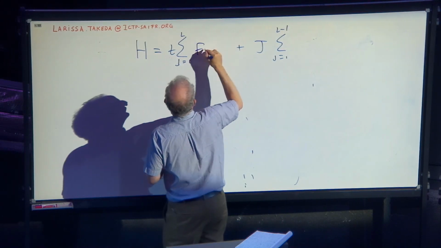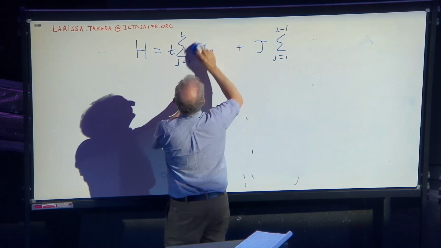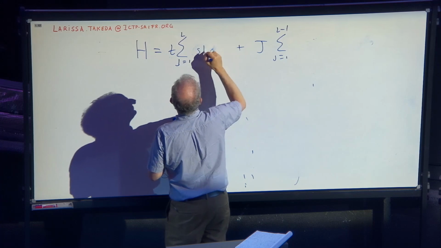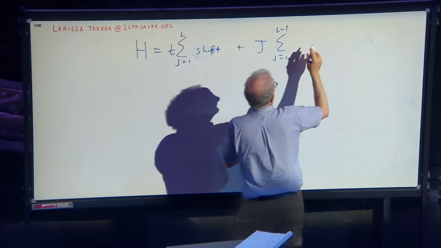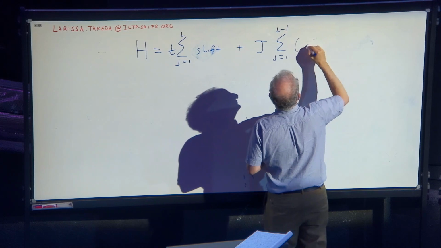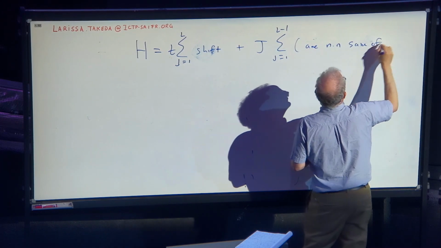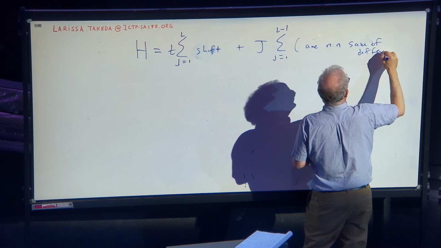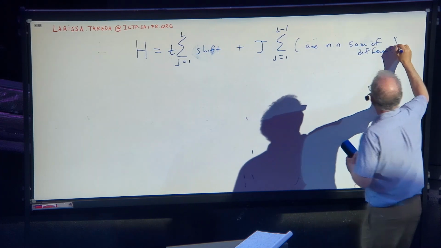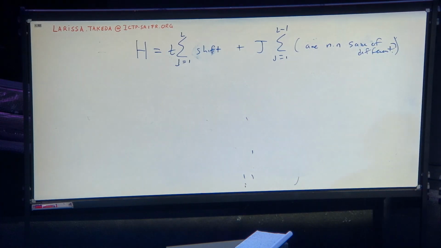So this one is flip, or shift, I should say. Plus this is, ask the question, are nearest neighbors the same or different? So this is my schematic Potts Hamiltonian.